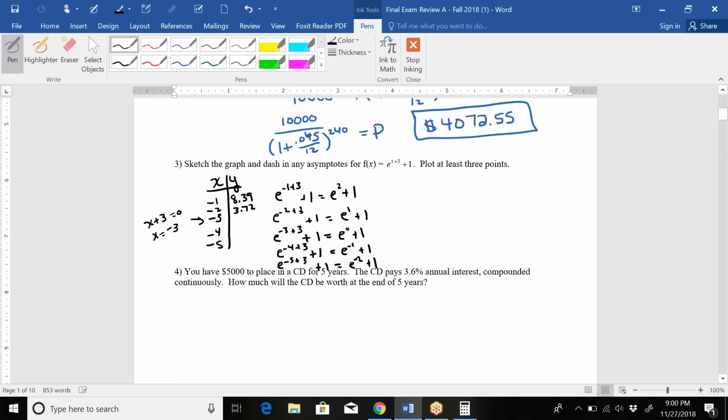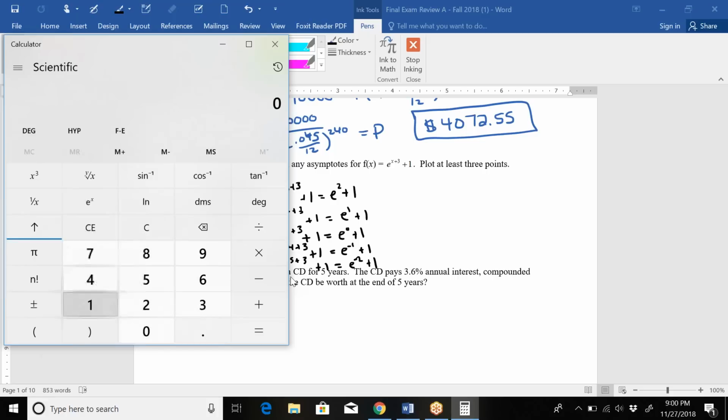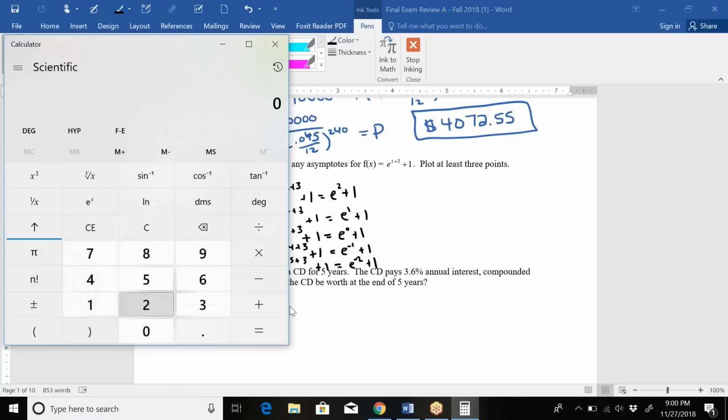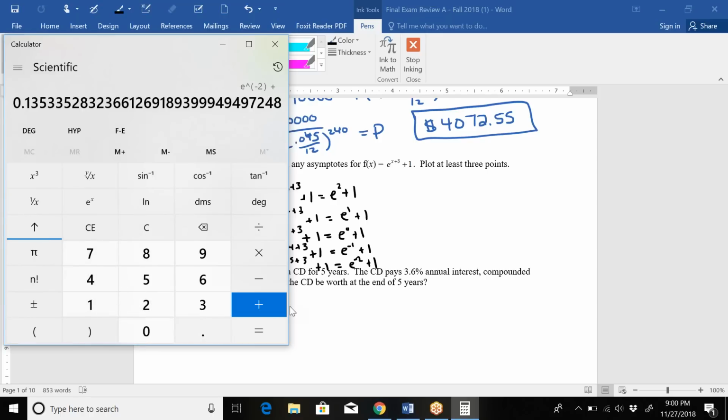This is a 0 exponent. That's just a 1, plus 1 would be 2. e to the -1, so I have to put my exponent in first on this calculator, and then plus 1 is 1.37. And the -5 guy was e to the -2 when we worked it out, and then plus 1. So that is 1.14.